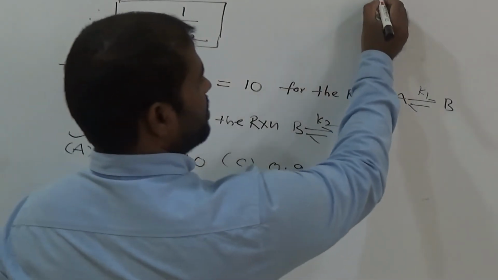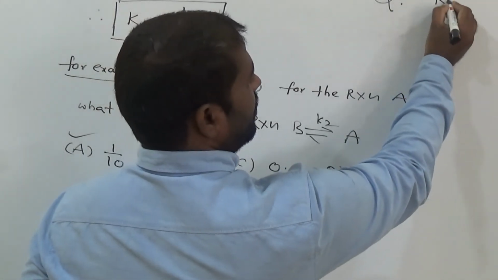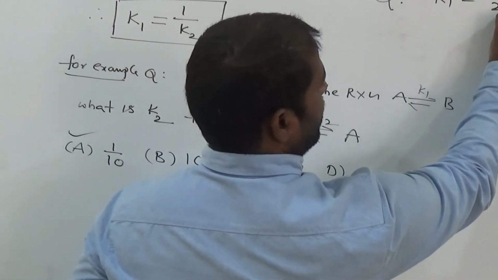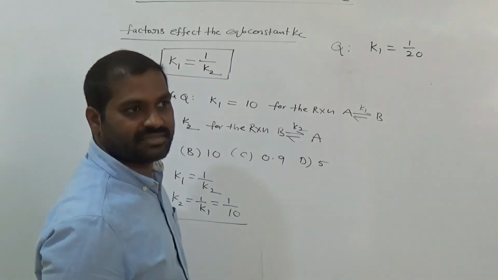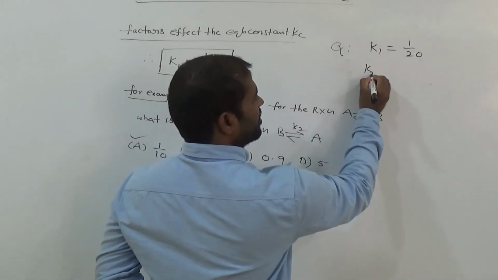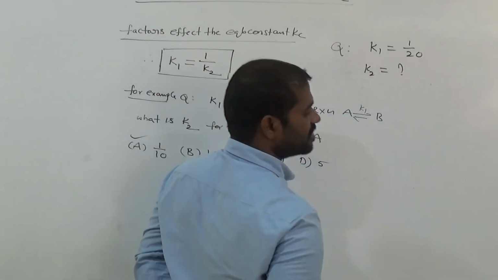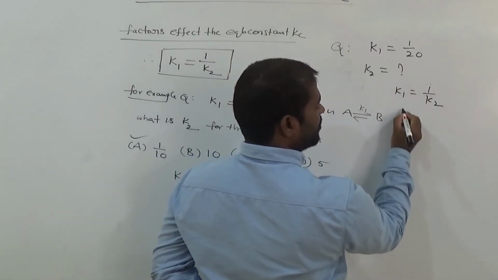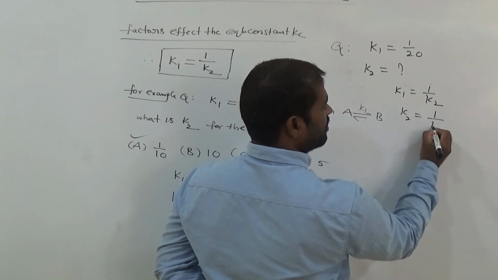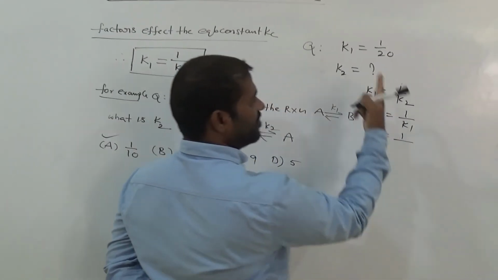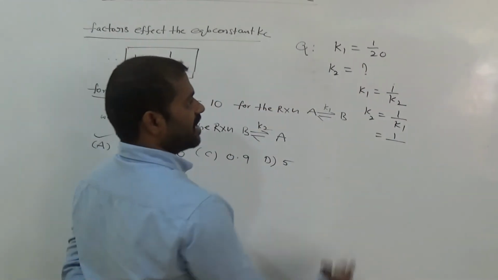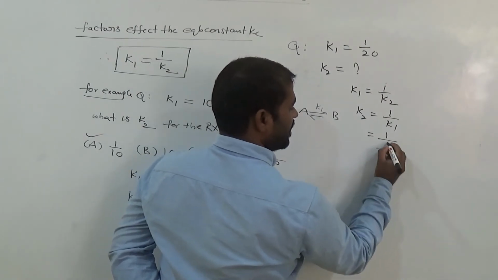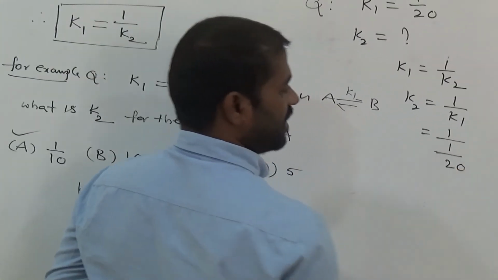Same question. Suppose K1 is equals to 1 by 20 for a forward reaction. What about K2 for the reverse reaction? Now K1 is equals to 1 by K2. From this one K2 is equals to how much? 1 by K1. So what is the given value of K1 here? K1 is equals to 1 by 20, am I right?